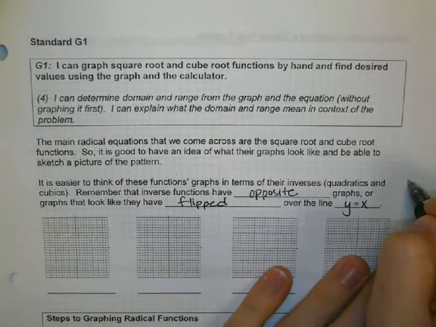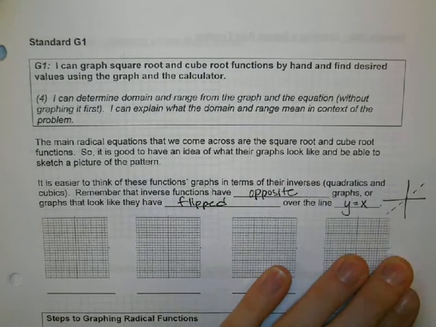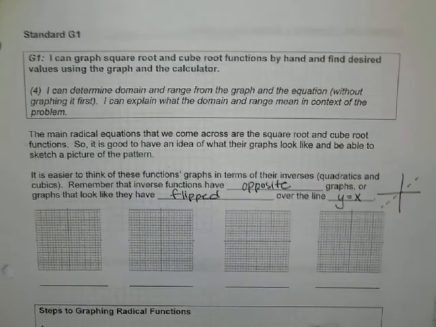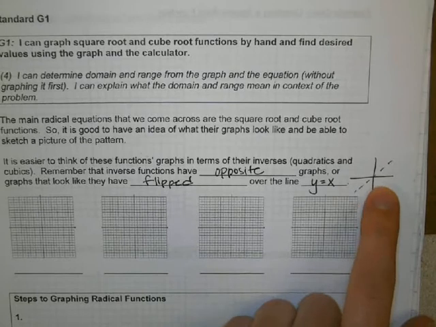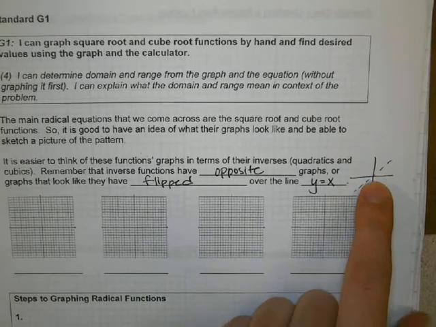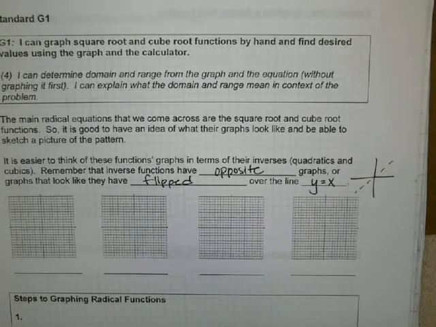Now that line y equals x is the line that goes up through the first and third quadrant. The slope is 1 over 1, y-intercept is 0, 0. So your graph is going to look like it's flipped over that line.